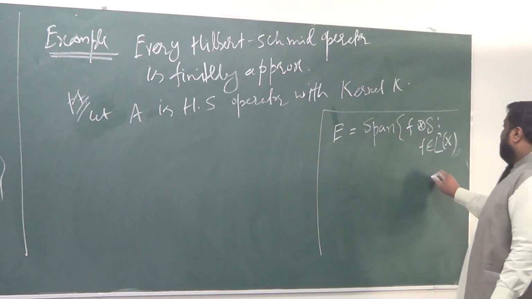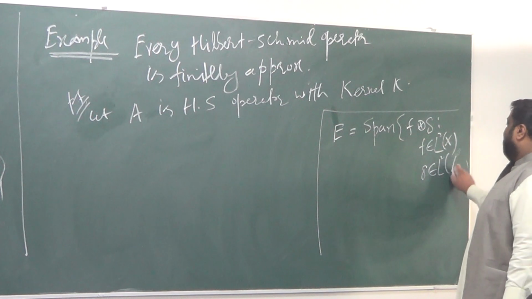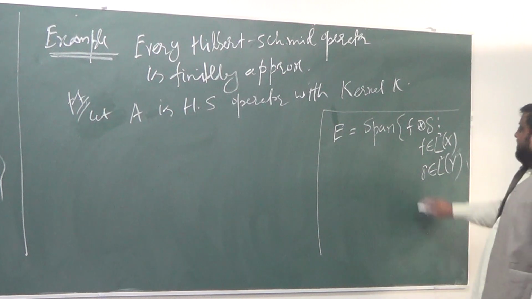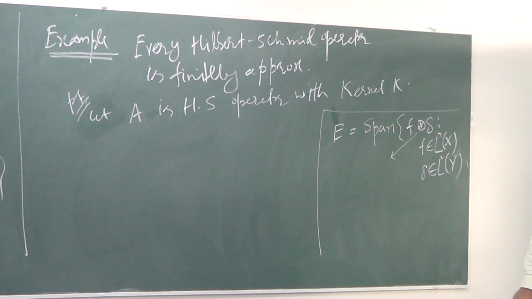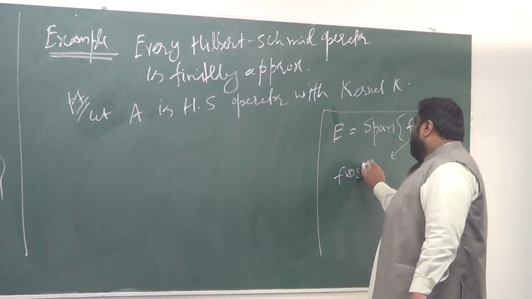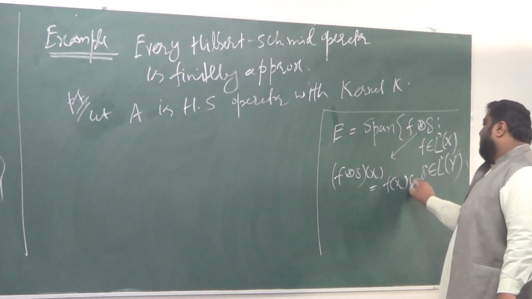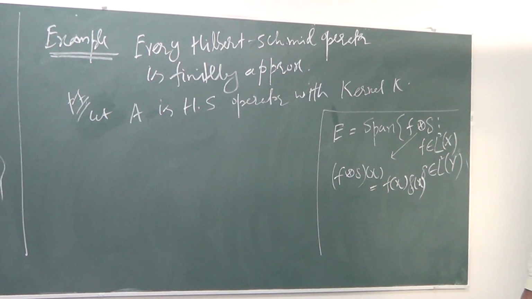Okay? And we know that G is in L2 of Y, which is also an interval. So that's called the tensor product of F and G, but it just simply means that the tensor product of F and G operated on X is basically simply the product of Fx and G. It's not something too complicated.